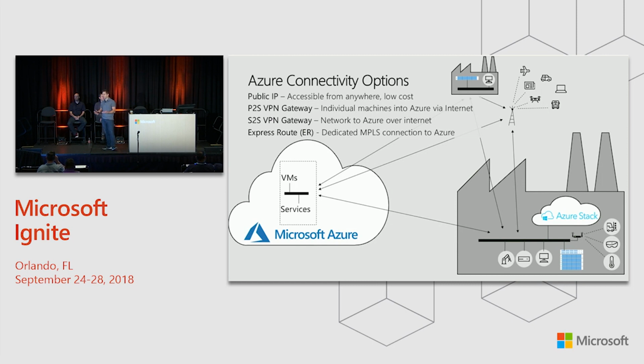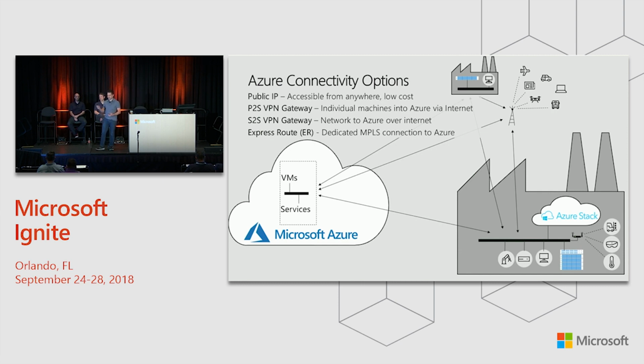That's great, that's its strength, but it's also its weakness, because you don't always want everything to come in through the internet. So there are a number of other options available for connecting more securely and privately. As we start to expand out, there's point-to-site VPN connections, which give you individual server or machine connections. Usually it's client connections that connect from outside into your Azure virtual network.